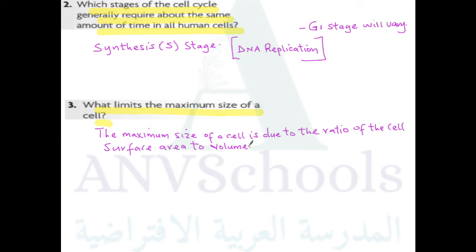So the reason as to why it's like this is that the cell actually needs to transport materials in and out and remove materials out. So oxygen and nutrients and waste move across the cell membrane or the surface of the cell.